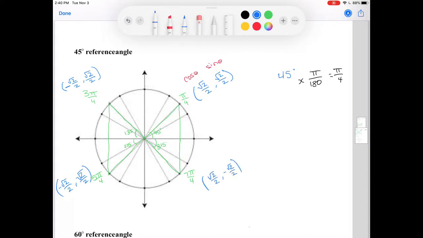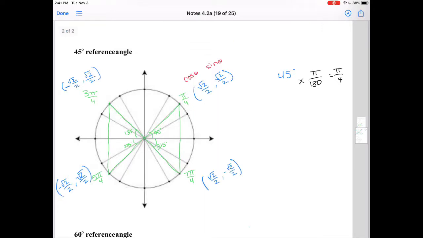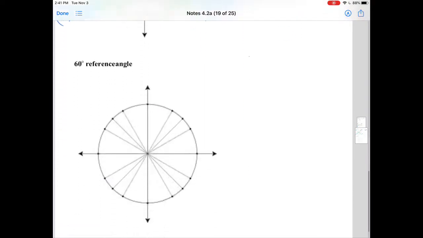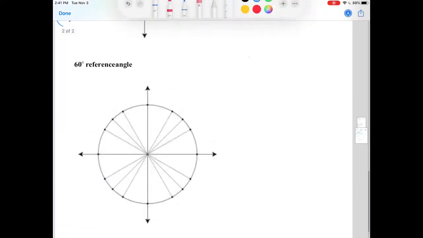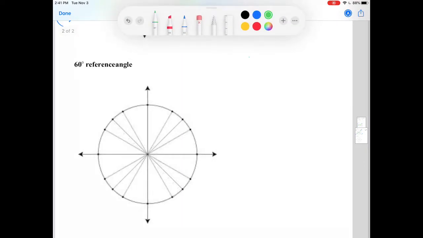And so for this last quadrant here, your radians is going to be 7 pi over 4. We're talking about 315 degrees. And our coordinates are root 2 over 2. Our cosine is positive, but our sine will be negative.